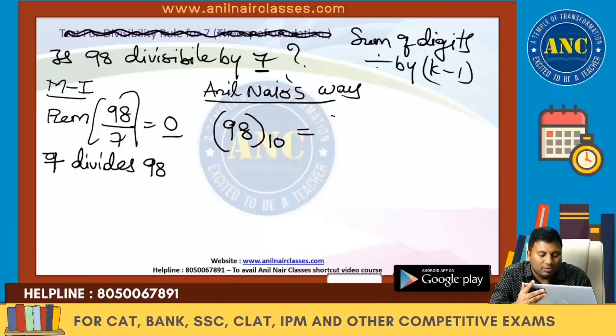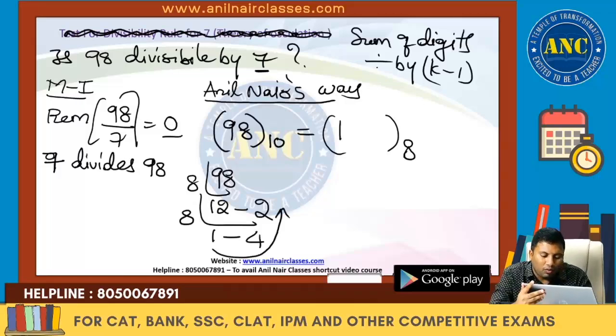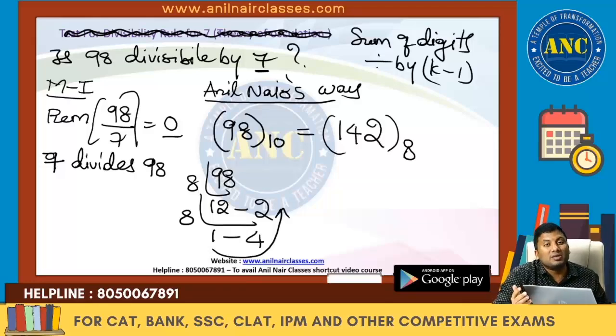Because I am checking whether it is divisible by 7, I will convert into base 8. How to convert a decimal to non-decimal? 8 12s are 96, remainder 2. 8 1s are 8, remainder 4. Write down 142. What is the divisibility rule for 7 in base system 8?